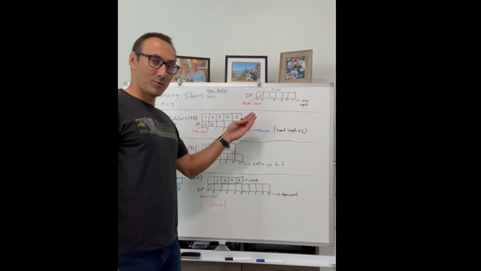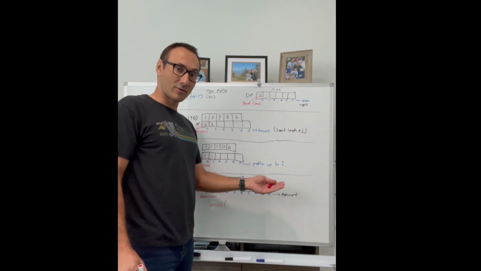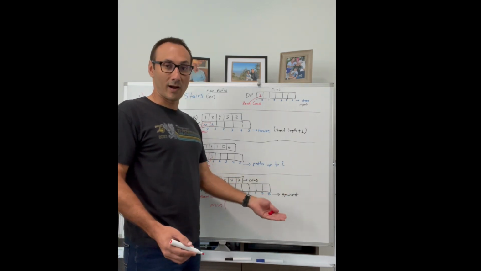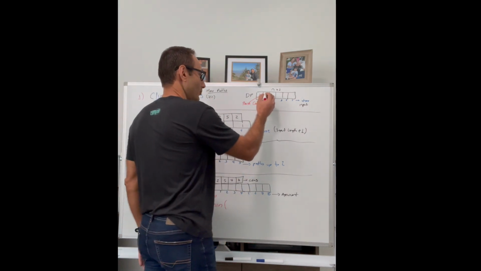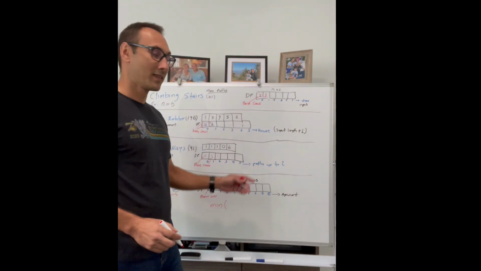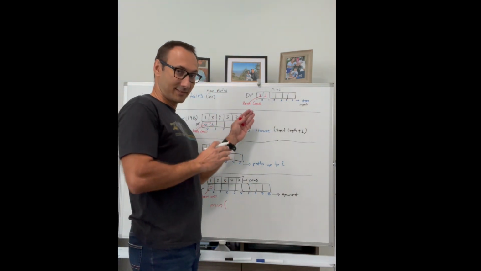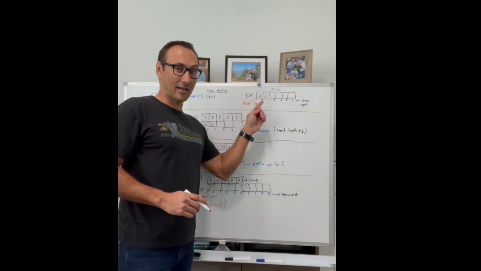So now you're going to go to the first floor. How many options do you have to get there? Just one, by taking one step. So here you put another 1, right? Now this is the most important part. Here you need to get to the second step.